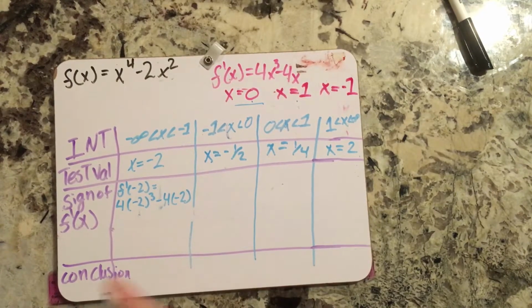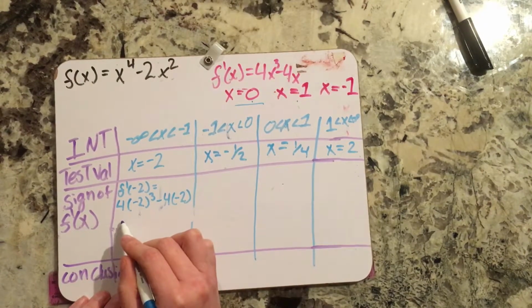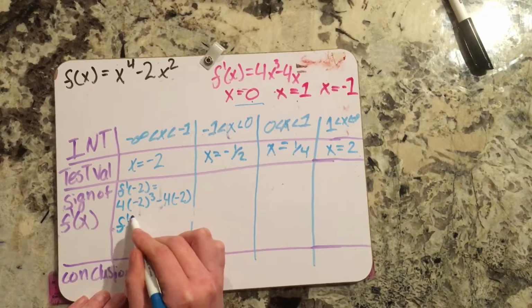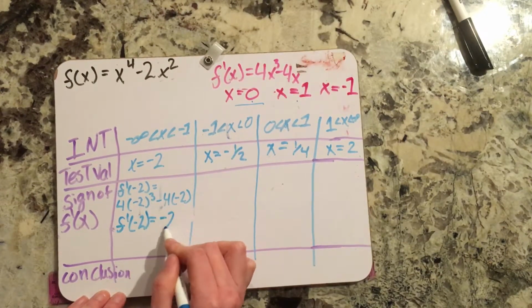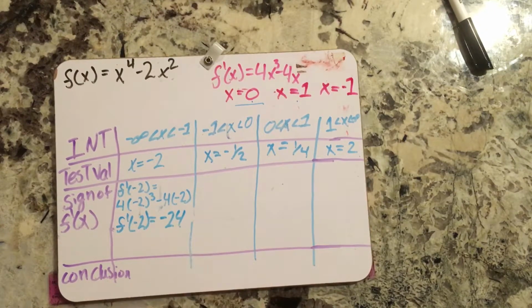Okay. So f prime of negative 2 is going to be equal to negative 24.